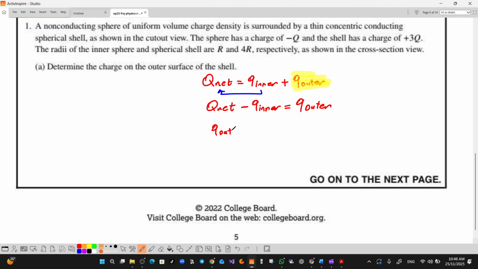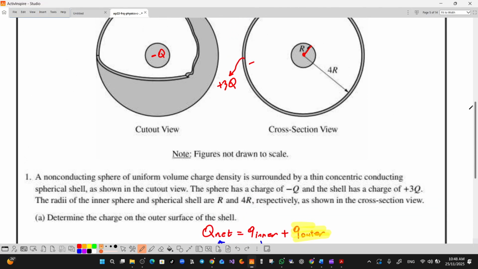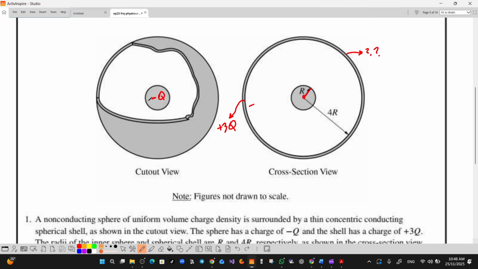So Q outer is equal to plus 3Q, this is the net, minus Q inner. On the inner surface, we have electric charge equal to the electric charge in the sphere but with opposite sign. Since the sphere carries a charge of minus Q, the net charge on this face will be equal and opposite to the charge located in the center.